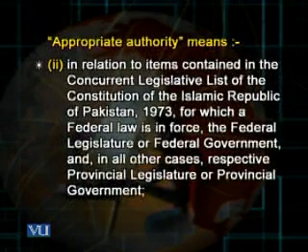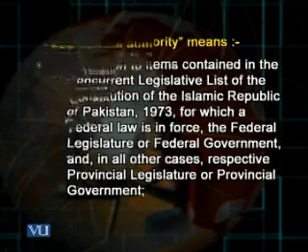Two, in relation to items contained in the concurrent legislative list of the Constitution of the Islamic Republic of Pakistan 1973, for which a federal law is in force, the federal legislature or federal government, and in all other cases, the respective provincial legislature or provincial government.